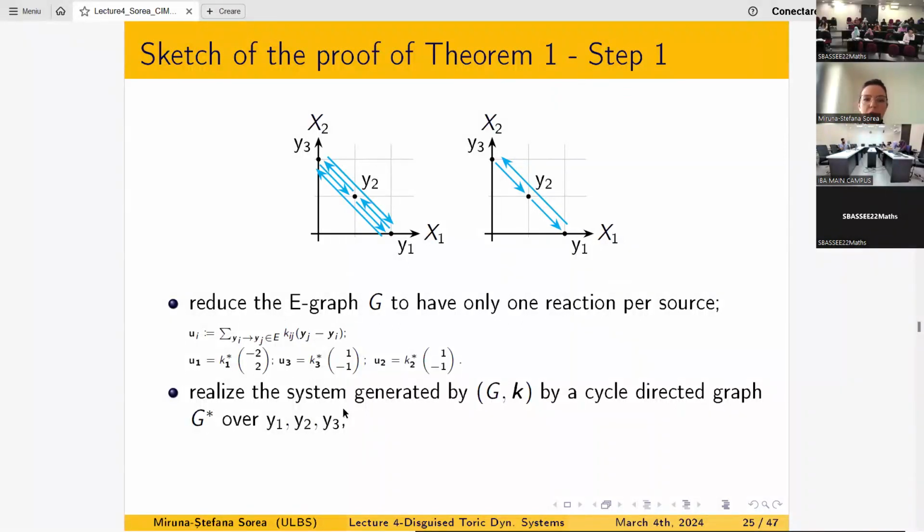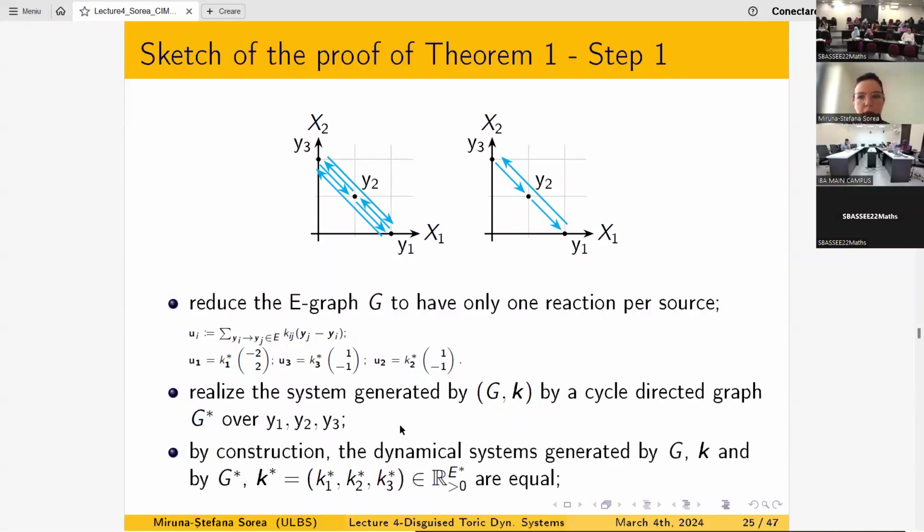So now, that's why I insisted a bit on the definitions. We realize the system generated by the first graph with the rates k by this new cycle-directed graph G star with the same sources. We can do this with this recipe we saw here with the ui.